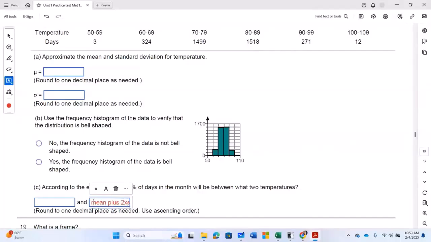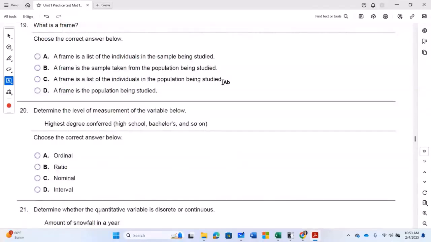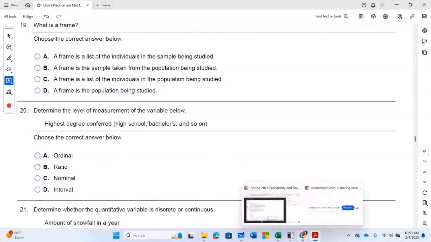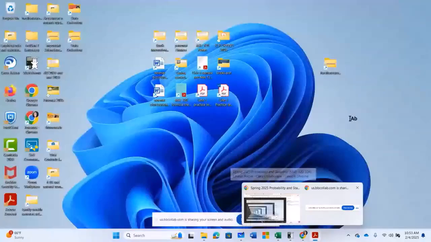Mean plus, because it is to the right. Here you are going to do mean minus 2 standard deviations. That's what you're going to do. If you're calculating it, you just get your calculator.